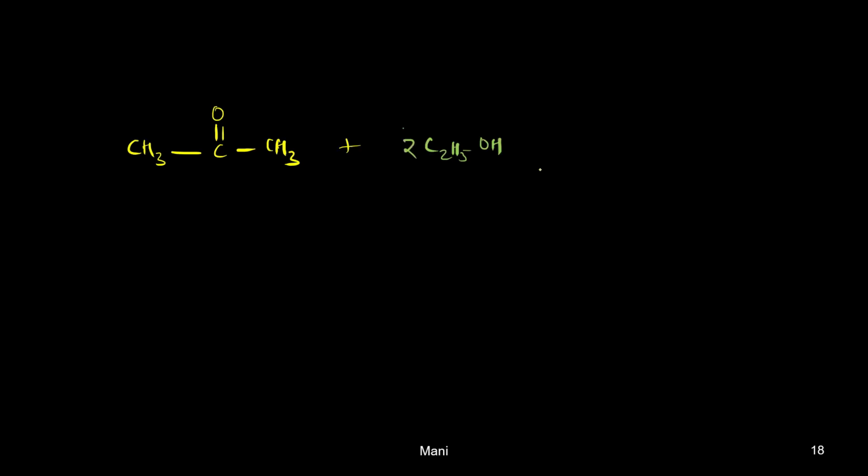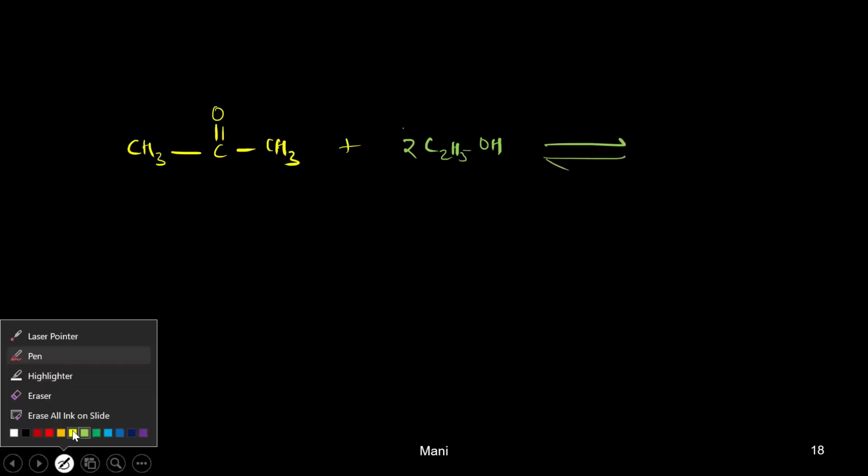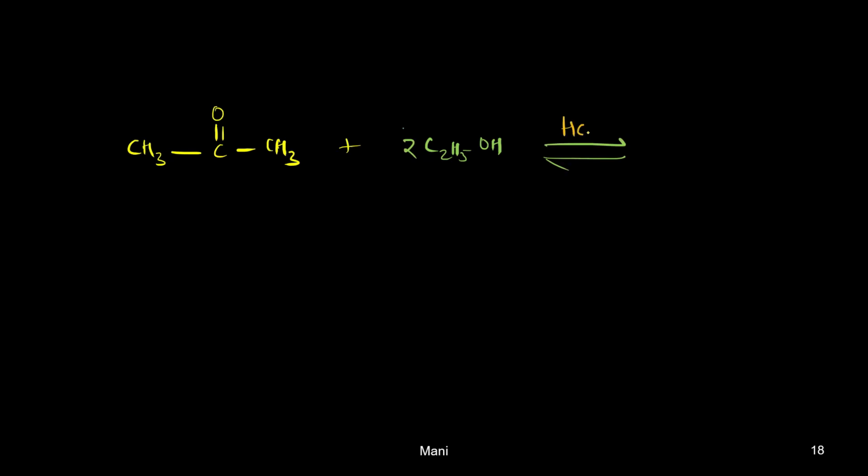Where will the bond breakage happen? In the presence of hydrochloric acid, the double bond O will break, and here the hydrogens will break. You got it? Now, in place of the double bond O, each oxygen will attach.